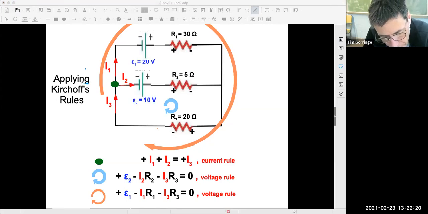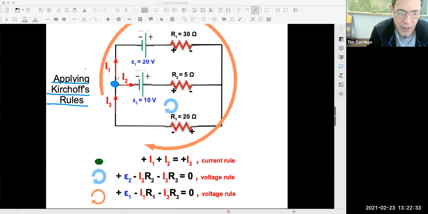Okay, so I'm going to apply Kirchhoff's current and voltage rules. The easier one to apply is typically the current junction rule. So I'm going to pick this junction over here on the left. I could have picked this junction over here on the right, but I'm going to pick the one on the left.